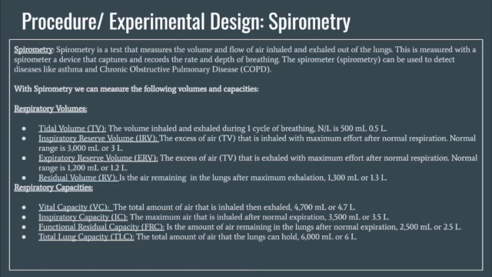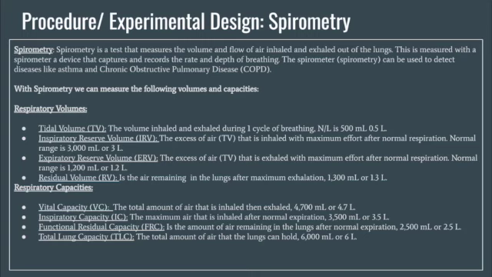Expiratory reserve volume, ERV, the excess of air over the tidal volume, or TV, that is exhaled with maximum effort after normal respiration. Normal range is 1,200 milliliters or 1.2 liters. Residual volume, RV, is the air remaining in the lungs after maximum exhalation, 1,300 milliliters or 1.3 liters.